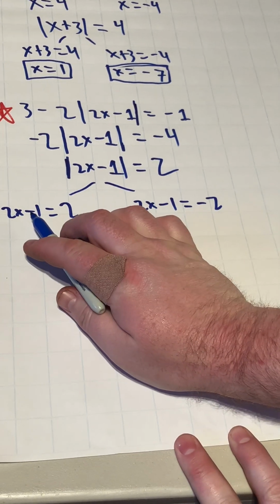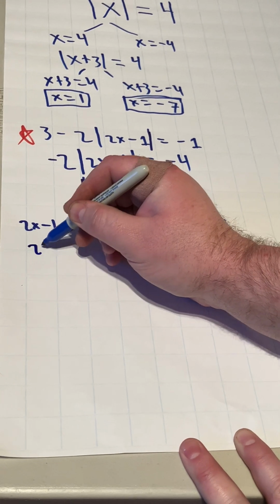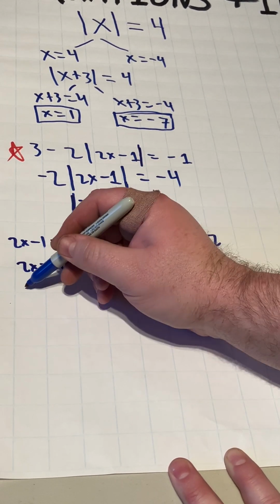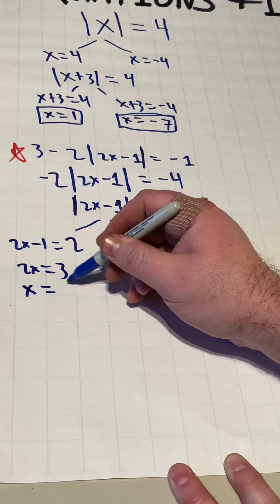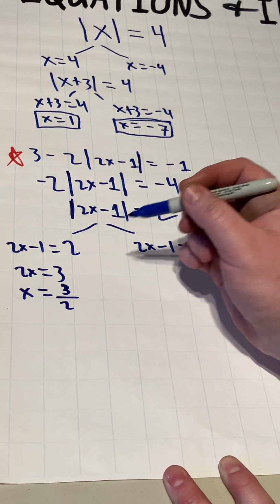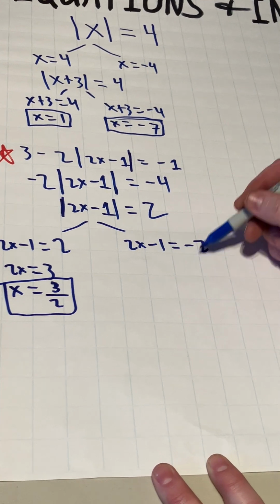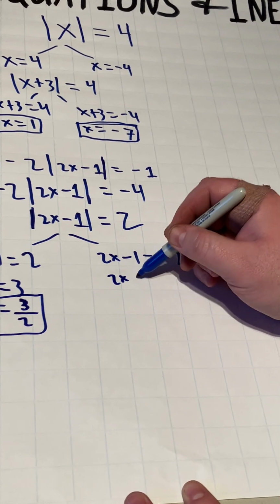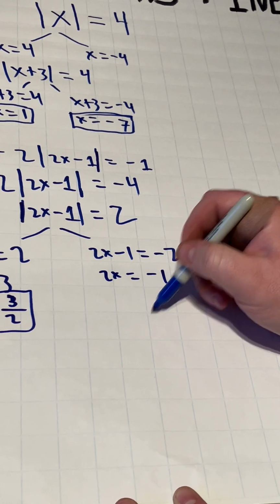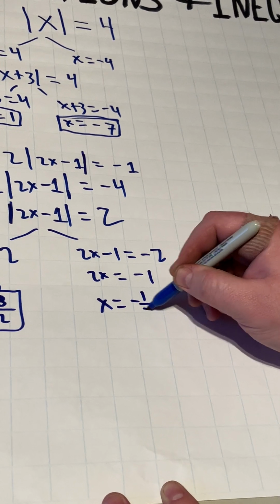So here I'm going to add 1 to both sides and I'll get 2x equals 3. Divide by 2 and I get x equals 3 over 2. And over here, I add 1 to both sides, and I get 2x equals -1, divide by 2, and I get x equals -1 over 2.